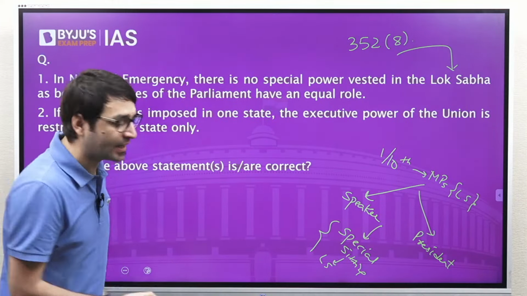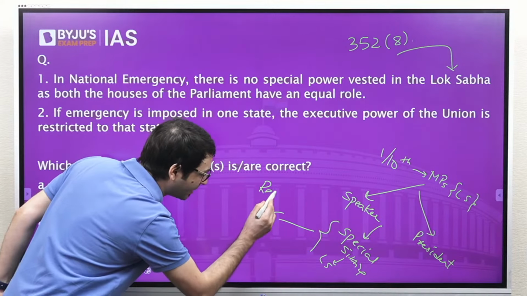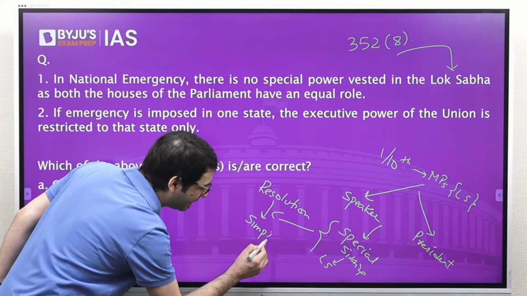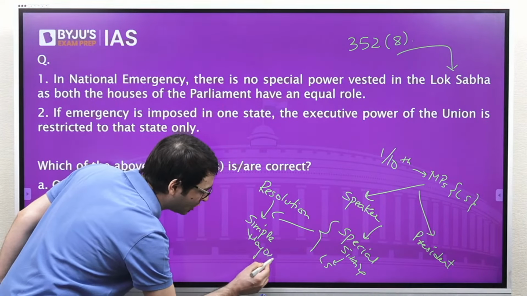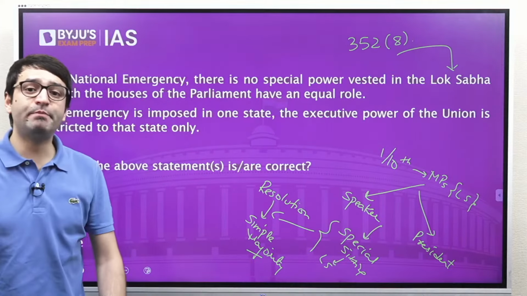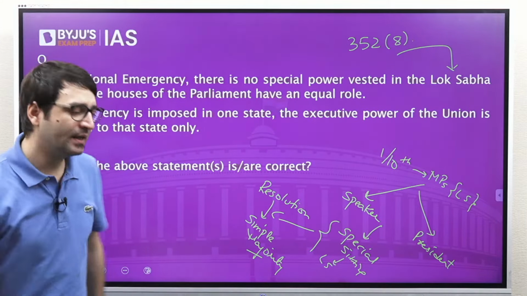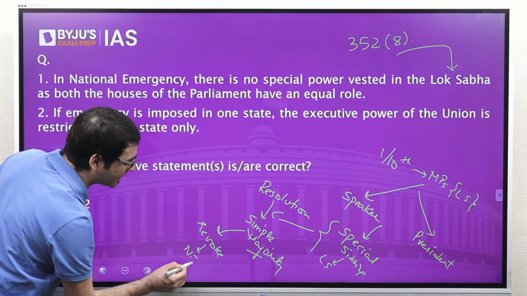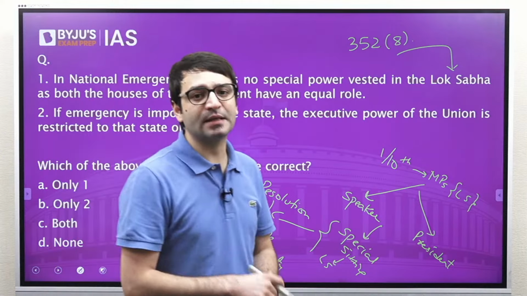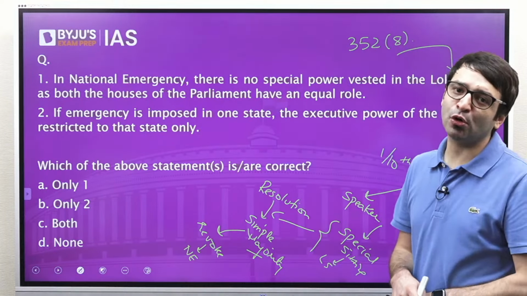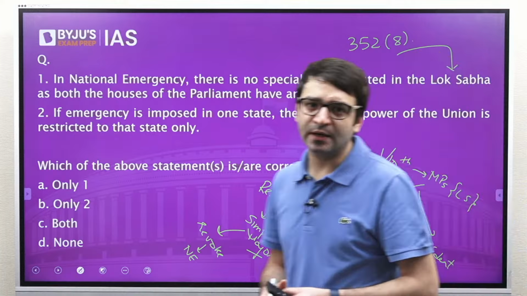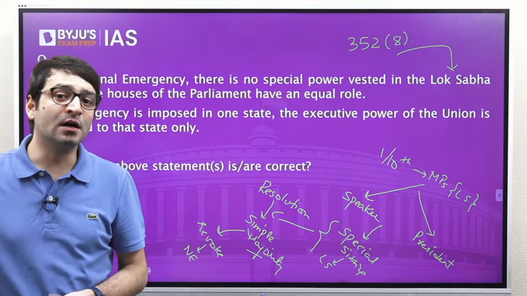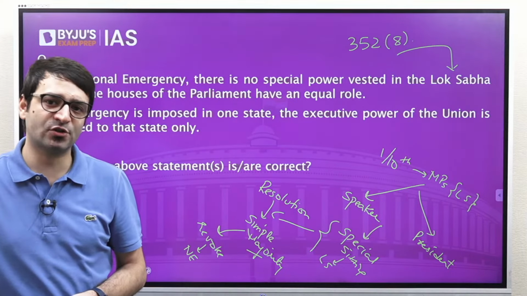And in this special sitting, very important point, if a resolution is passed by Lok Sabha by simple majority, then it becomes binding on the President of India that what President has to do, he has to revoke national emergency. So there is a special power given to Lok Sabha under the Constitution of India, wherein it can convene or request for a special sitting and disapprove the continuation of national emergency.